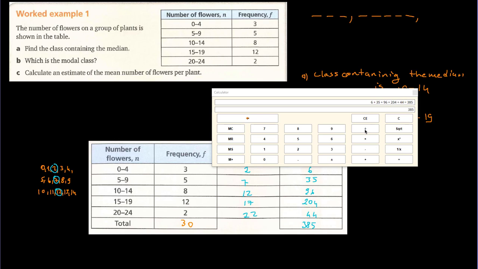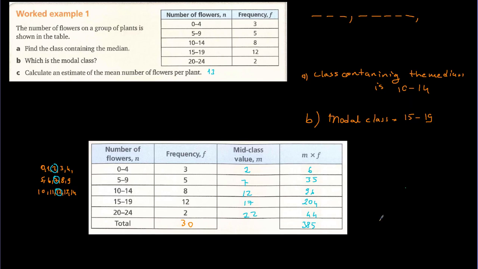Here I'm going to divide by 30 and get the estimated mean, which is equal to 12.83. So the mean number of flowers per plant is approximately 13. 12.83 is the estimated mean, and it is approximately 13 flowers.